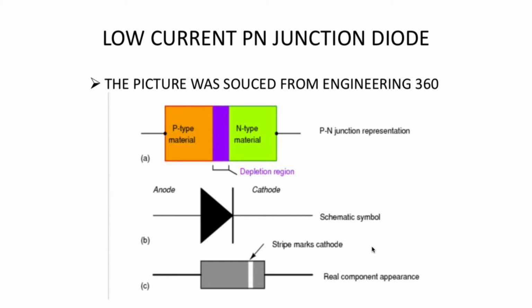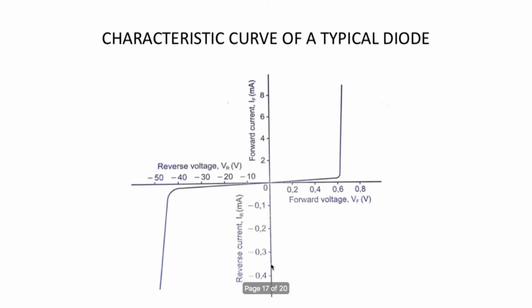The last picture from our slides is a real component appearance. As you can see, the stripe marks the what? The cathode. And the tail part is what? An anode. This here is a characteristic curve of a typical diode.